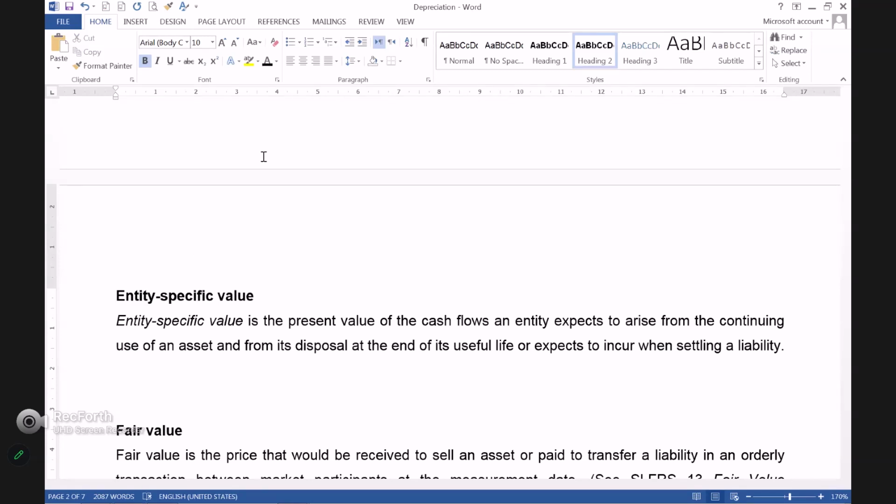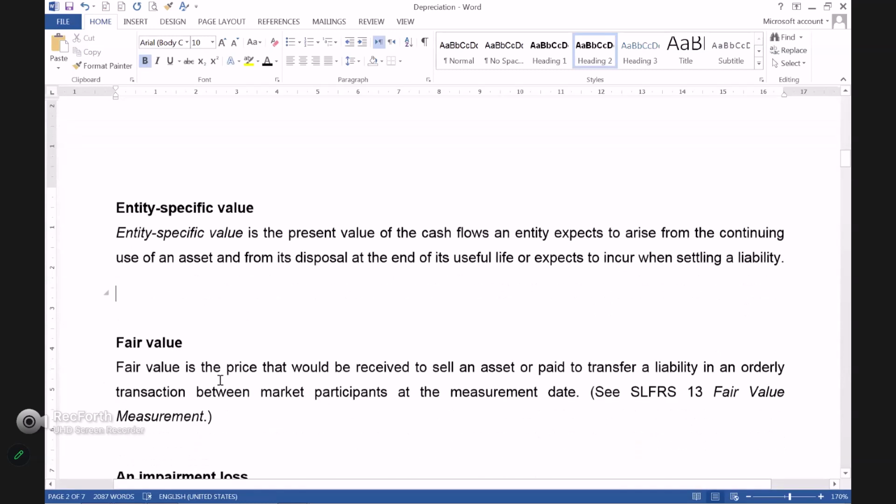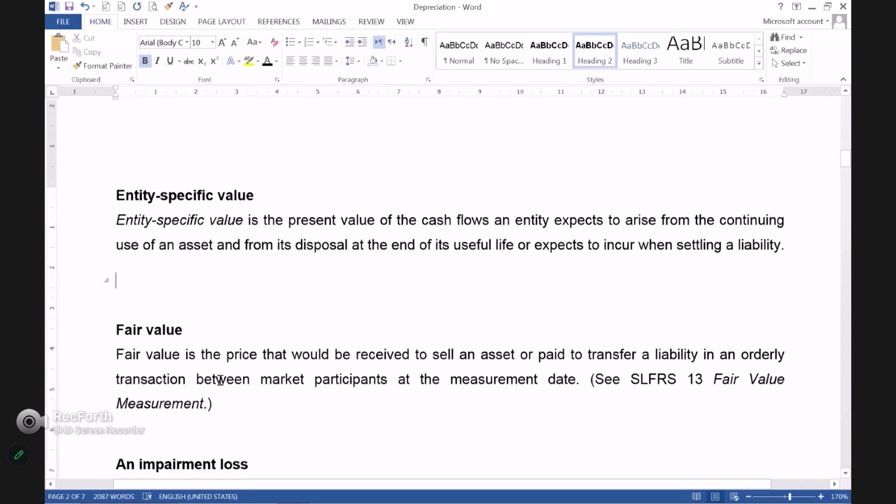Yes, sir. Do you have the corporate finance subject in this semester or the previous semester? First year, sir. So at that time you just learned about present value like that.